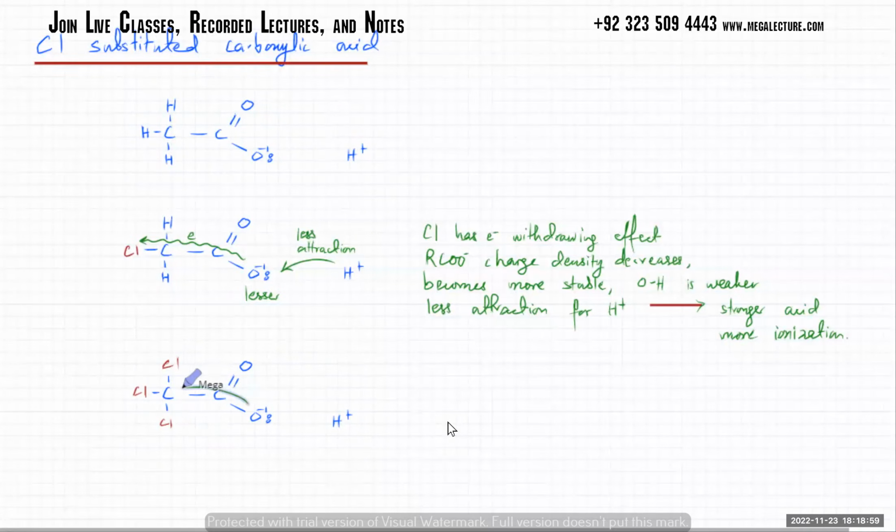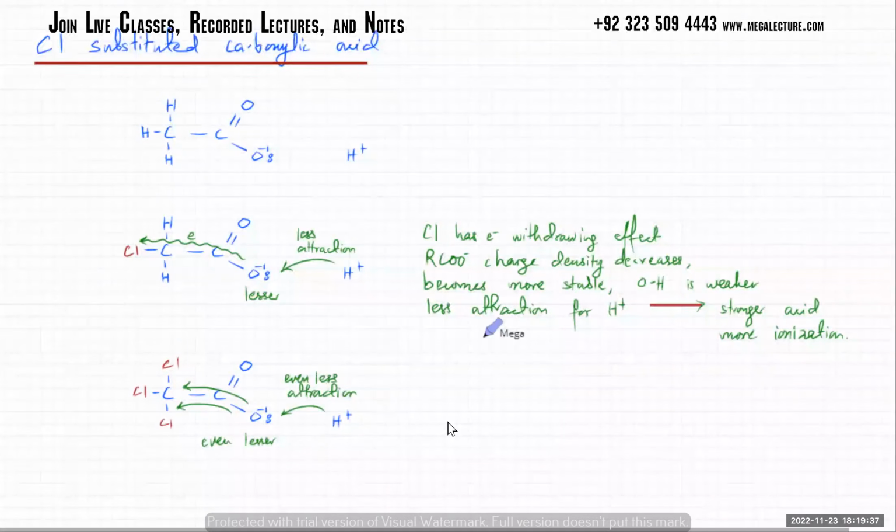So here there's a lot more electron, I mean, you've got more Cls, there's more electron withdrawing effect, okay? So here the negative charge will actually be even lesser, and that would lead to even less attraction for H+1 ions. Even lesser negative charge compared to the previous one.